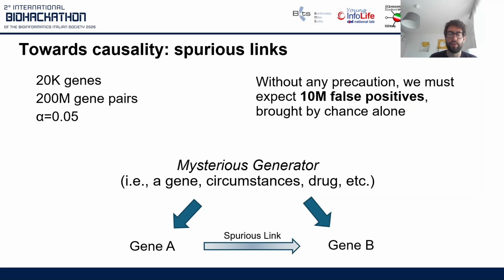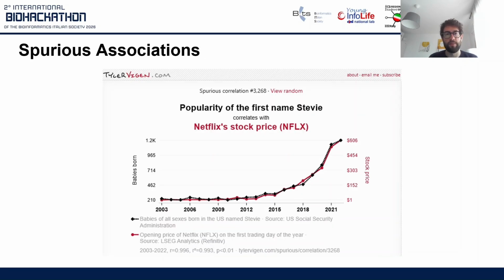So in order to reduce this uncertainty on the relationship between genes, we can try to use some other tools. And we will see a tool, which is Granger causality. But first, let's see what actually is a spurious association. This is an example from a pretty famous website that tries to collect all the weirdest correlations in history.